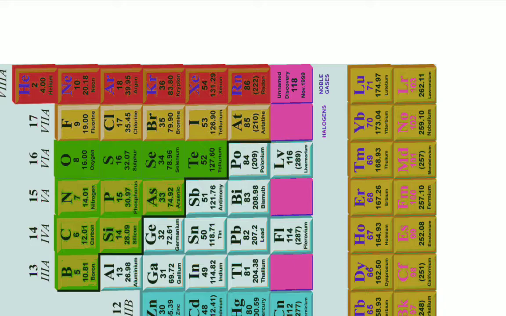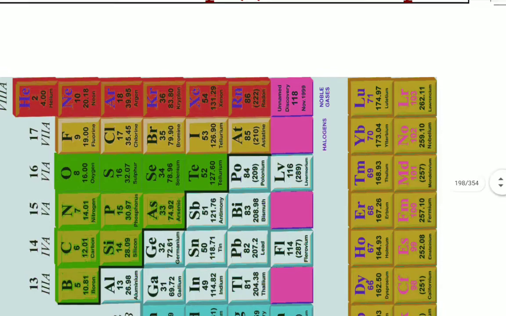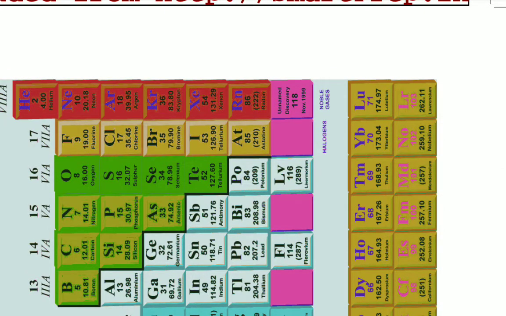The elements to the left of this demarcation are metals, and the elements to the right are non-metals. The elements shown on the staircase are the metalloids, or semi-metals, and the elements which are very near to the staircase are non-metals, and all the remaining elements come under metals only.